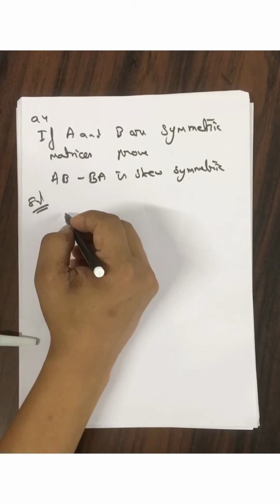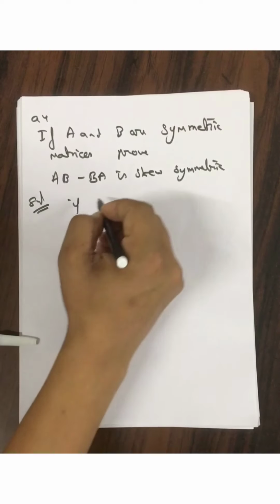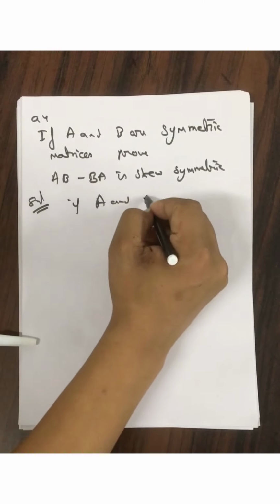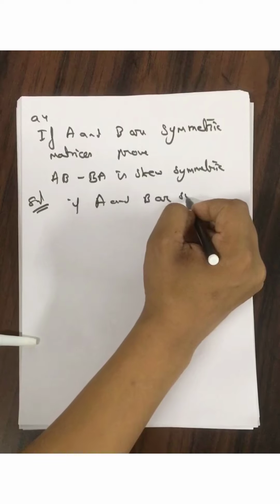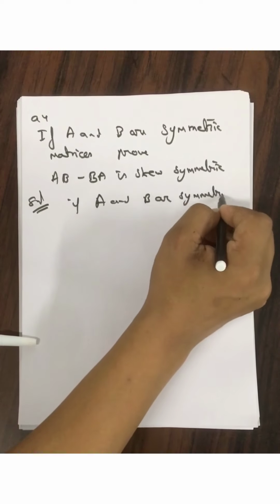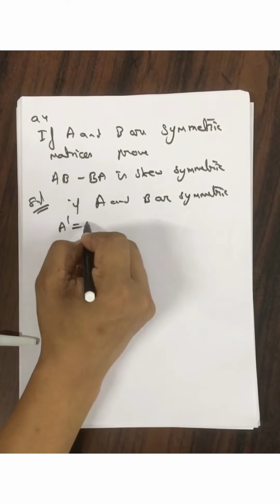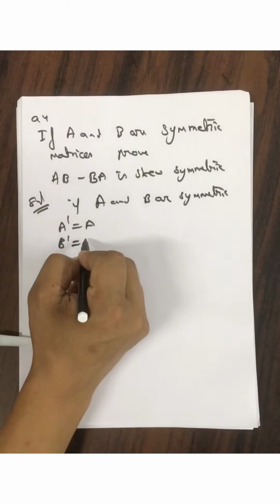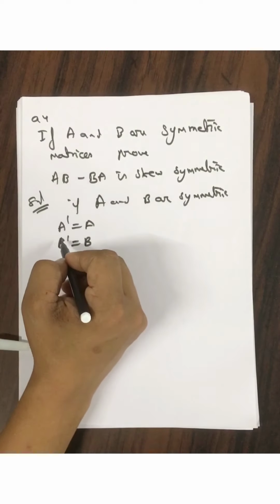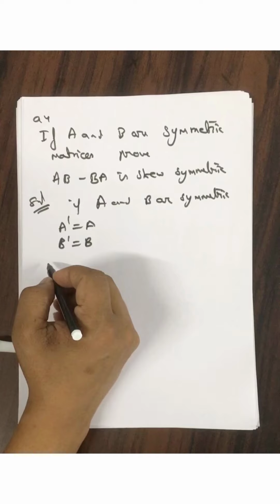Symmetric, you remember, A dash equals A. Now, if A and B are symmetric, what happens? Then A dash equals A and B dash is also equal to B. Dash means transpose. Okay.